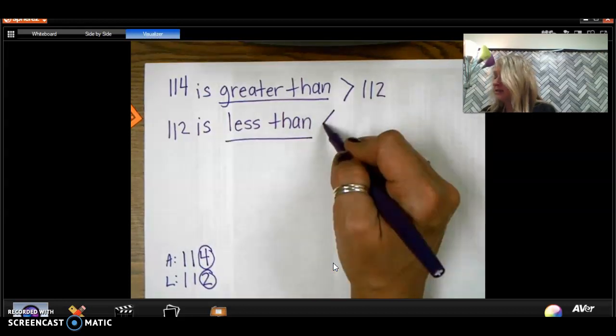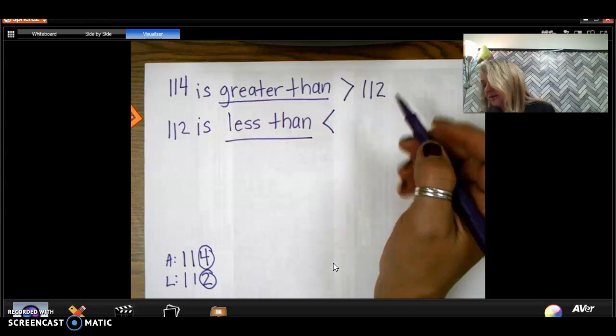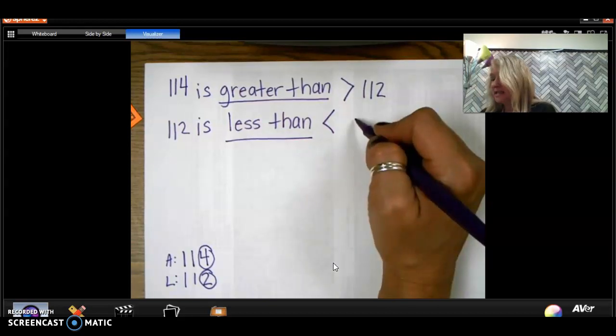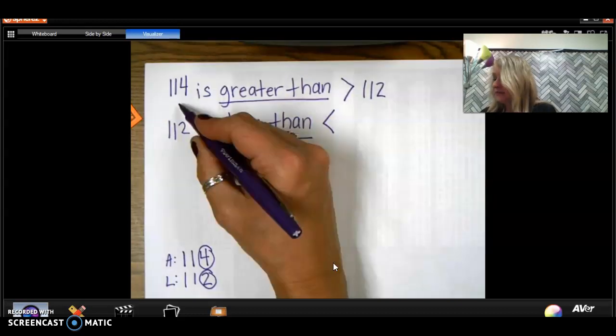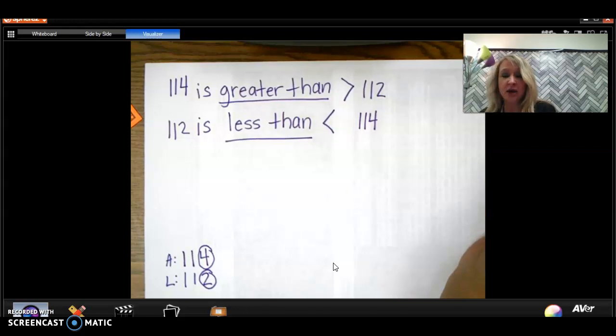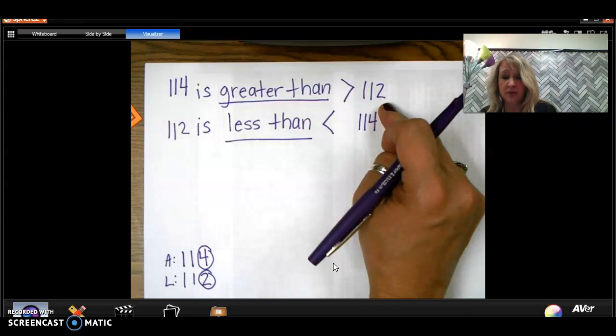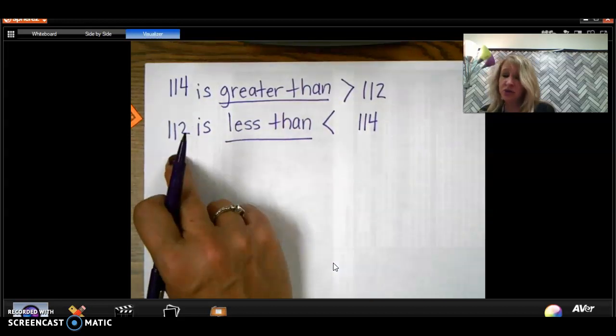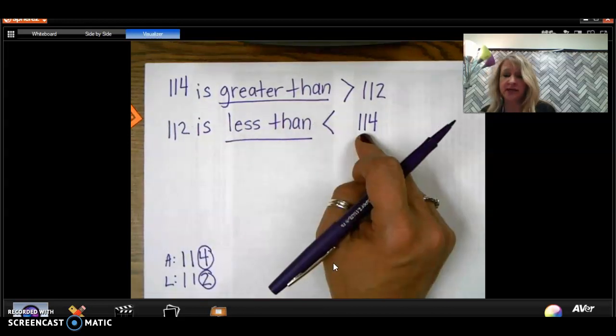Yes, it's the one that's like a crooked L for less. 112 is less than 114. Okay, so I'm going to write my answer like that. That is how I know that's the answer. 114 is greater than 112, and 112 is less than 114.